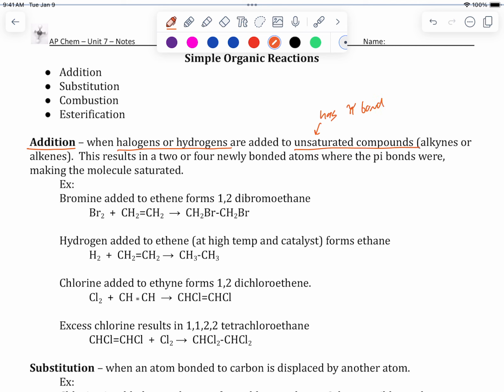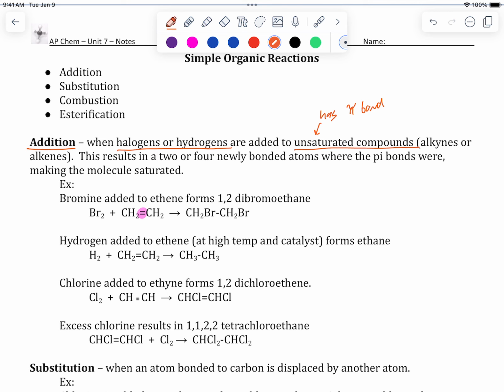Like, you remember how in a double bond and a triple bond, those additional bonds are called pi bonds? So what happens is the pi bond breaks, and that break allows positions, more domains for another atom to bond to. So when we're looking here, right here, that double bond consists of a sigma and a pi bond.